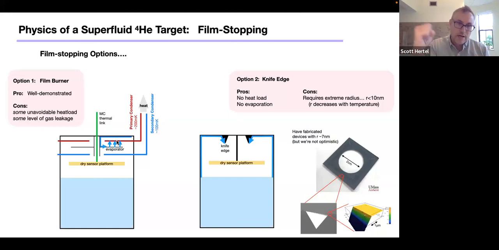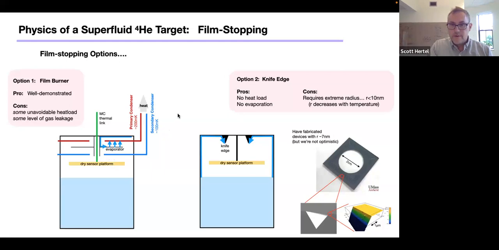So you need to deal with that high heat load and pull that heat away. There will be some leakage of that heat down to the sensor itself. And additionally, you have a lot of liberated atoms here, which you need to make sure none of them diffuse in a gas mode down to the sensor. So you'll have some unavoidable heat load and some level of gas leakage to the sensor.